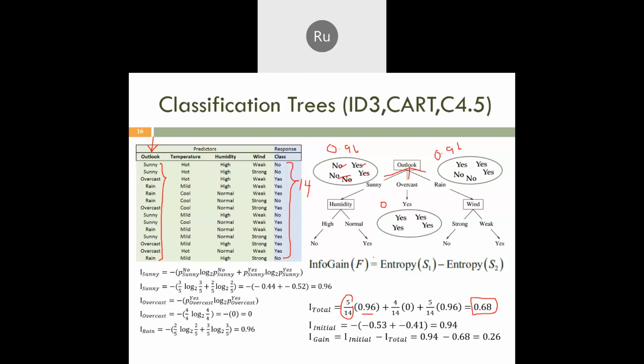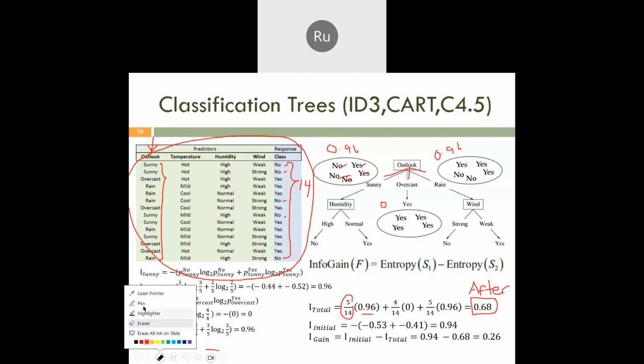Before the splitting, okay, so let me write this one. This is after you splitting. Before you splitting, basically we are looking at this one. That is the initial. So before the splitting, we have this formula because we have 5 of them.